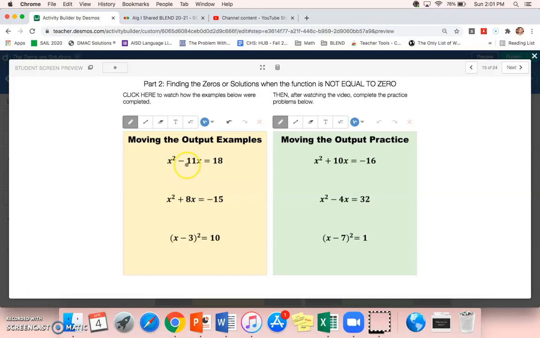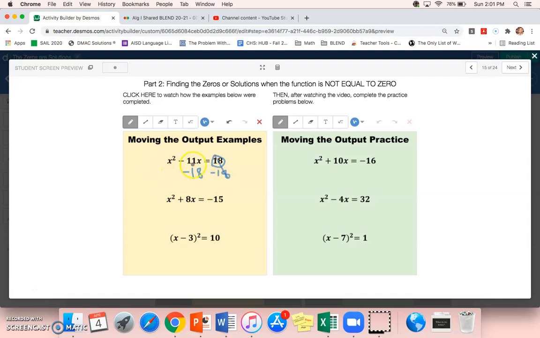X to the second power minus 11x equals 18. We want to move the 18. It's a positive 18, so we're just going to subtract 18 from the right. Once we do that, we've made this equation not equal, so now we need to do the same to the left to balance it out. Anything I do to one side, I do to the other. 18 minus 18 is going to give me the 0 that I want.